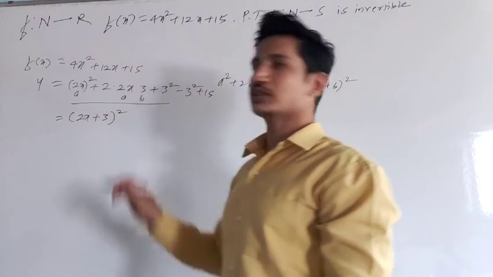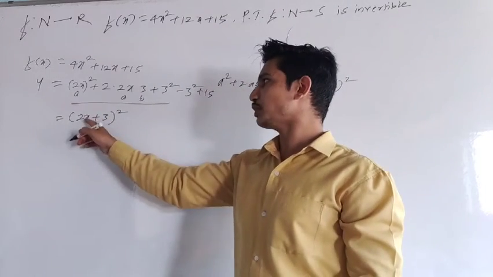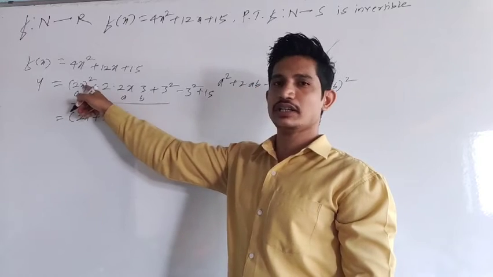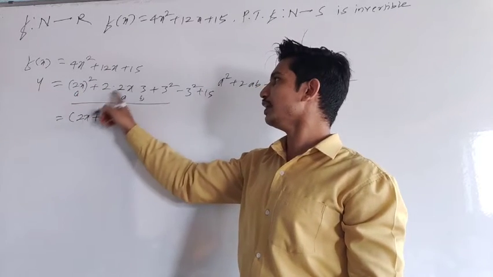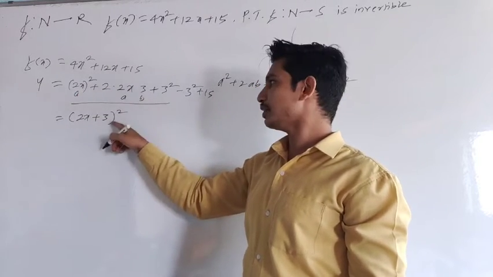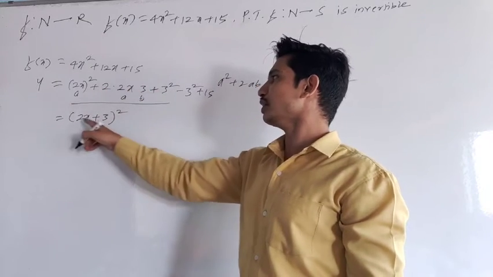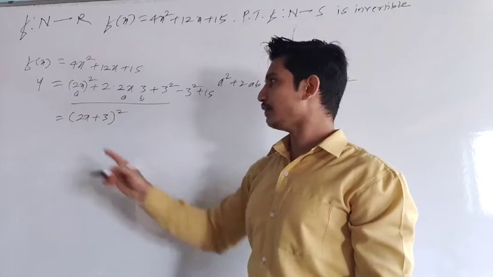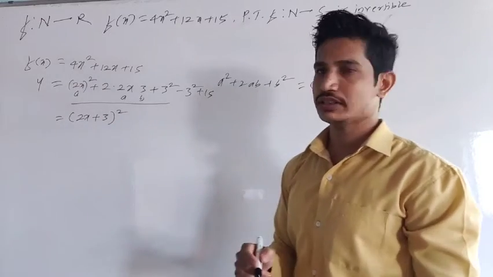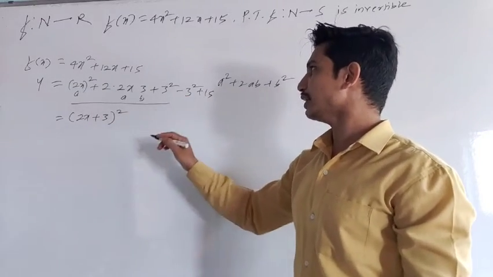It's the whole square: 2x plus 3 square gives a square plus 2ab plus b square. The value of a is 2x, the value of b is 3.